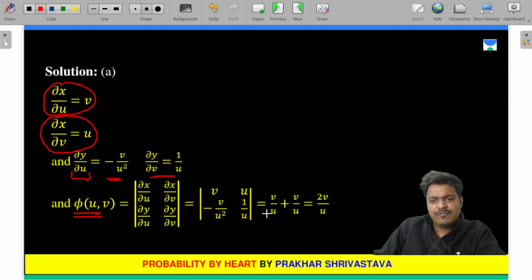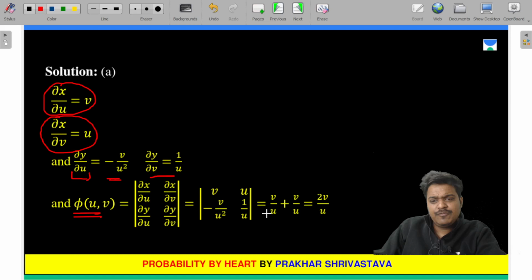If you don't know this formula, it will be very difficult for you to calculate how you actually transform f of x comma y into f of u comma v into phi of u comma v.